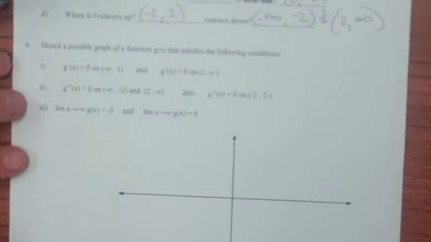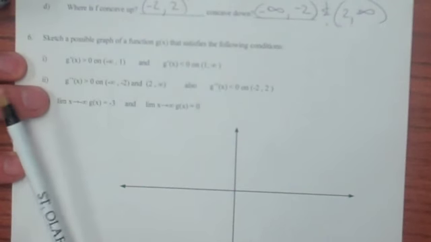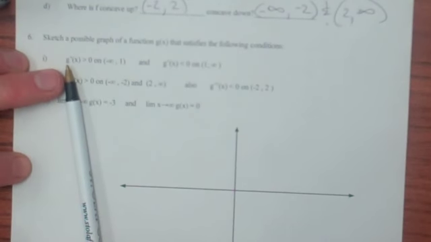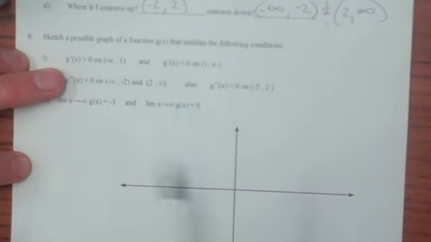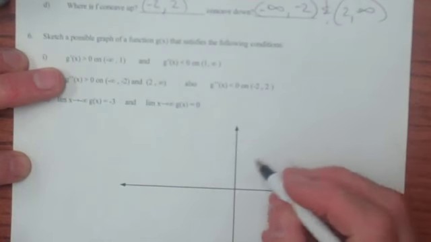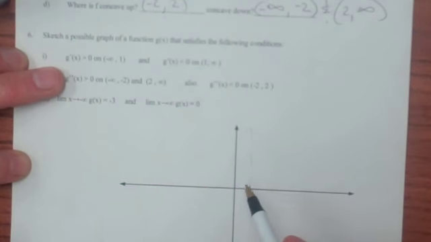All right. So then this one finally, we have a function that has a derivative that's greater than 0 from negative infinity to positive 1. So 1 out there.